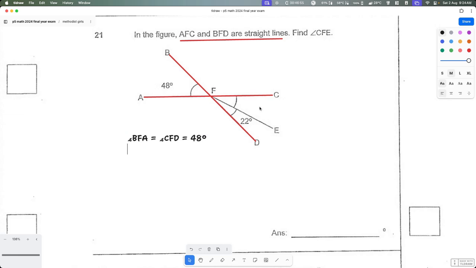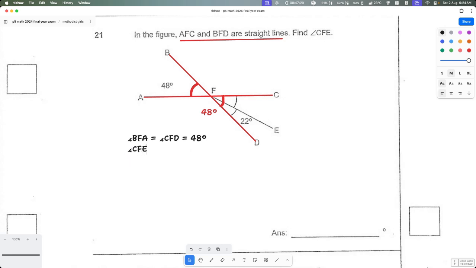Let me put a red here as well. So this one and this one are 48 degrees. That's what we see over here, 48 degrees.